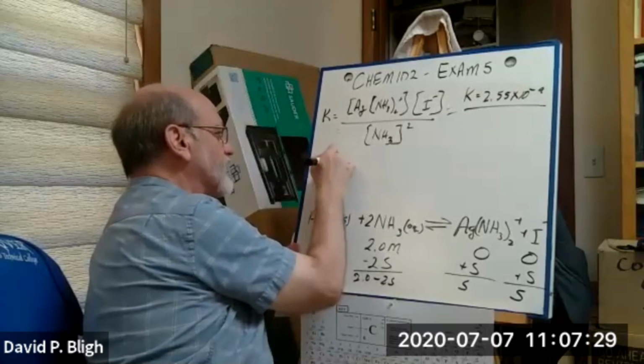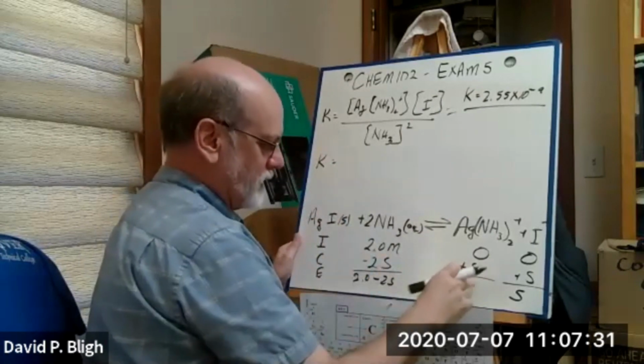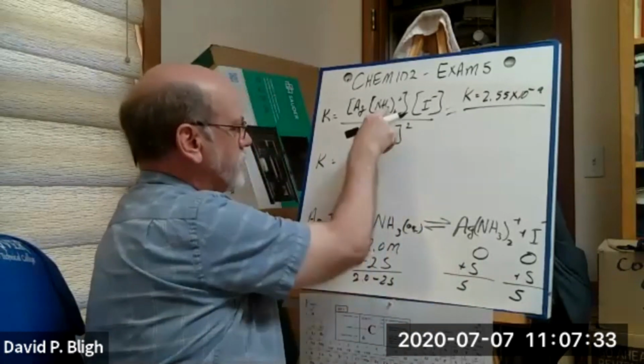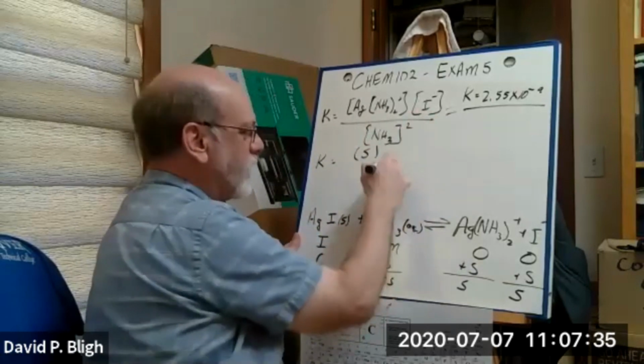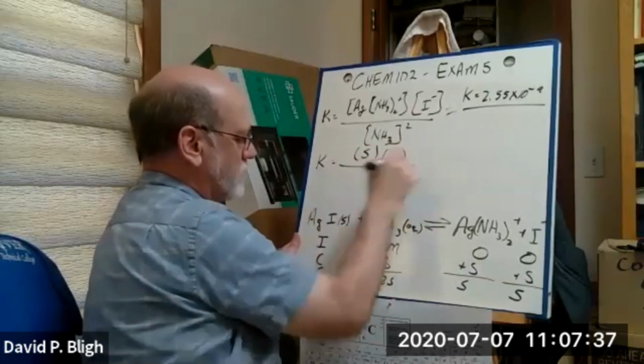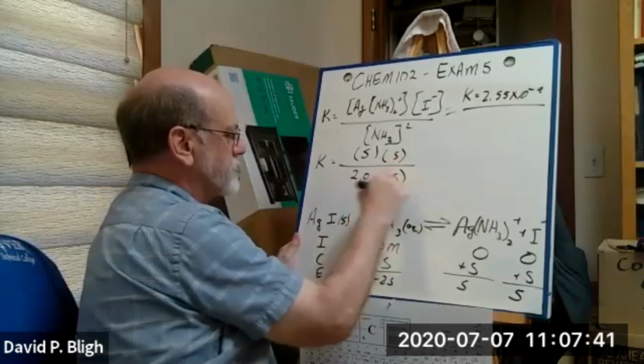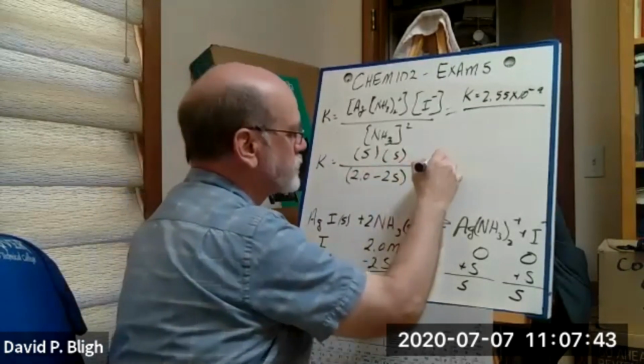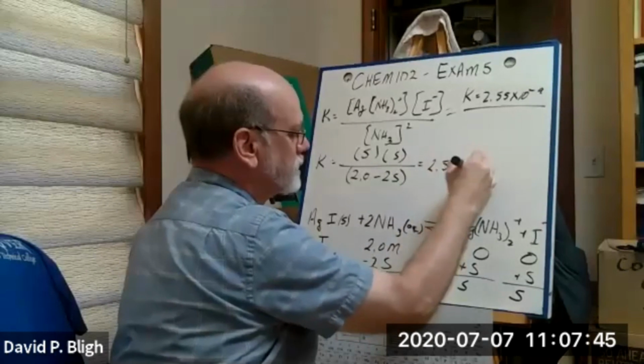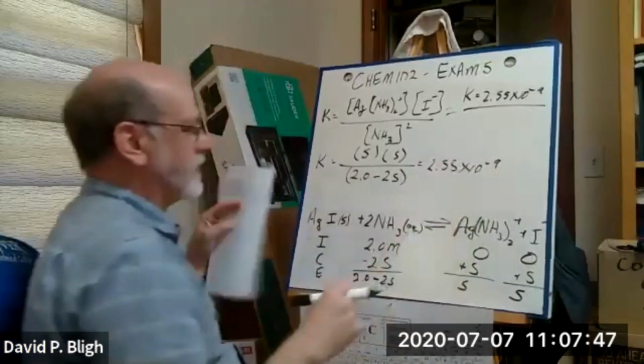If we plug in the values, this one is S, that one is S, and this one is 2 minus 2S, equal to 2.55 times 10 to the minus 9.